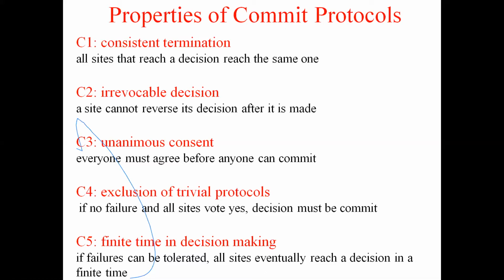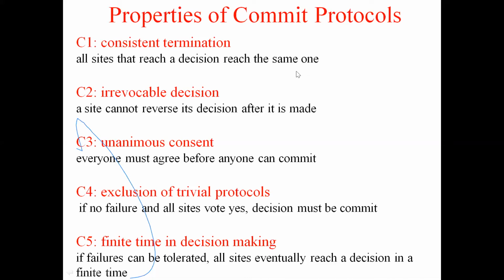Just like the previous transaction on a single node system, a transaction can end either with a commit or with an abort. Consistent termination implies that all sites, meaning the nodes on which some operation of the transaction is taking place, that reach a decision reach the same one.